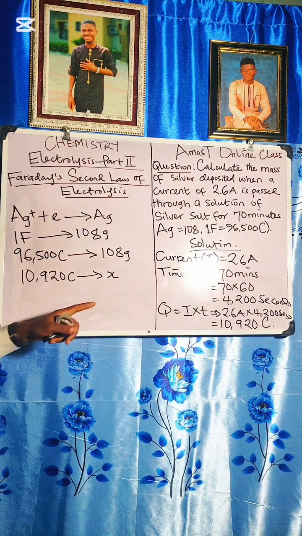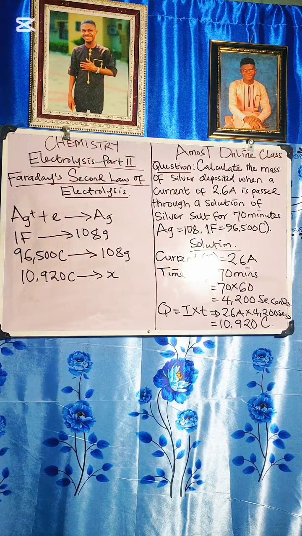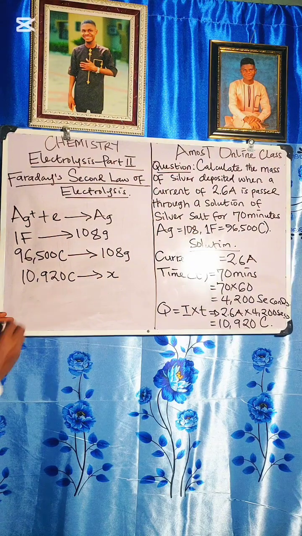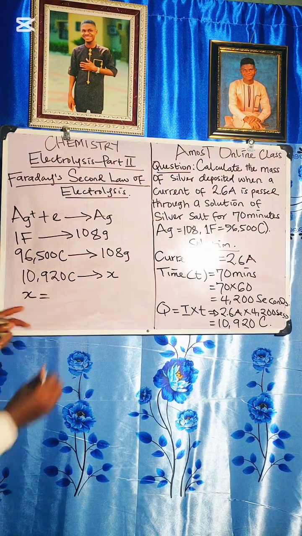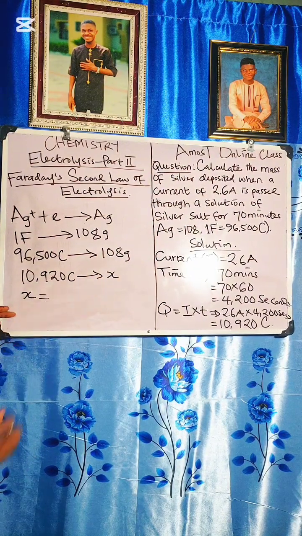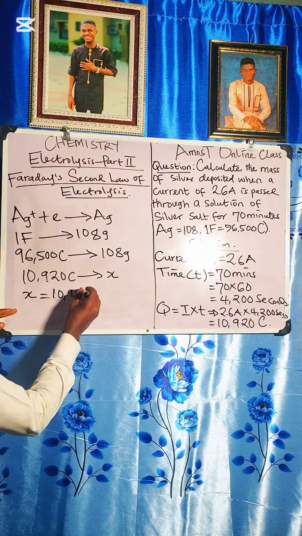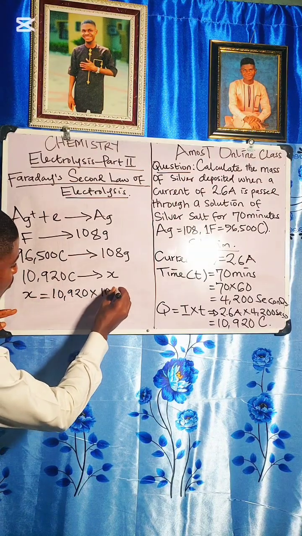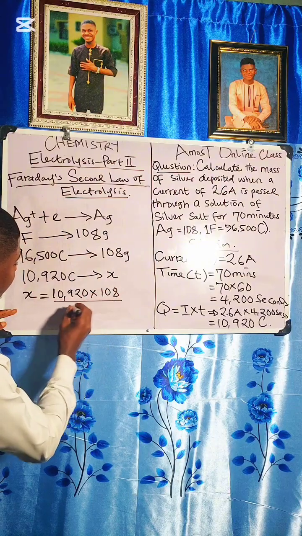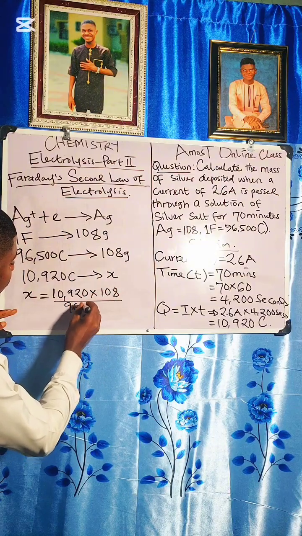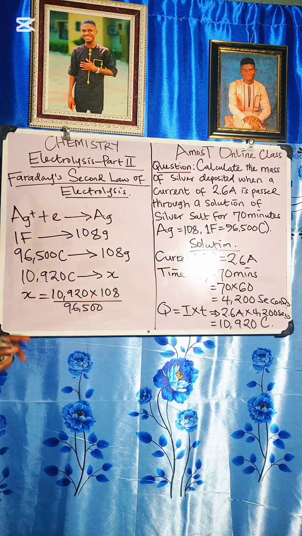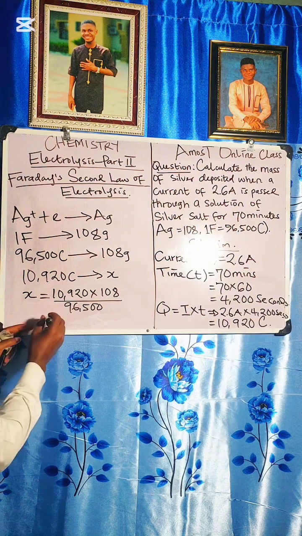How do we find X? By simple cross multiplication. If we cross multiply, and check this out using our calculator, we have 12.22 grams.